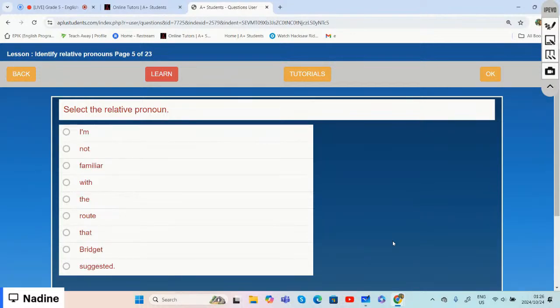Now the next one, select the relative pronoun. It says, I'm not familiar with the route that Bridget suggested. So I'm not familiar with the route that Bridget suggested. We need to choose the relative pronoun.